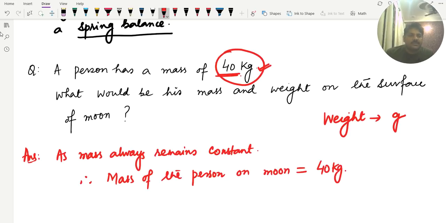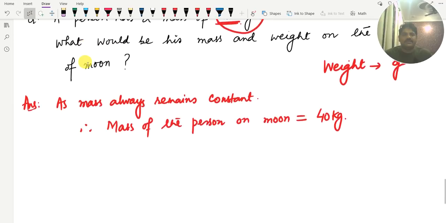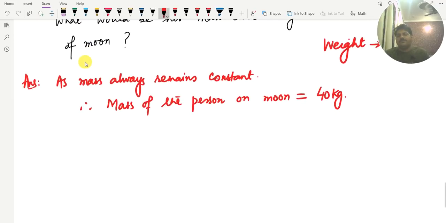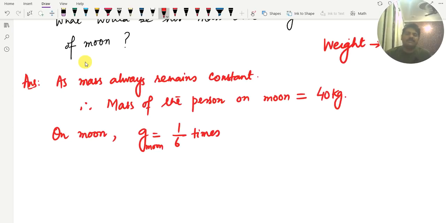Now the question comes, what about the weight of the body? Now weight, I have already told you, depends on the acceleration due to gravity. And what is the acceleration due to gravity on moon? On moon g is equal to 1 by 6 times g earth. So this would be equal to 10 upon 6 meter per second square, if we take the value of g to be 10 meter per second square on earth.